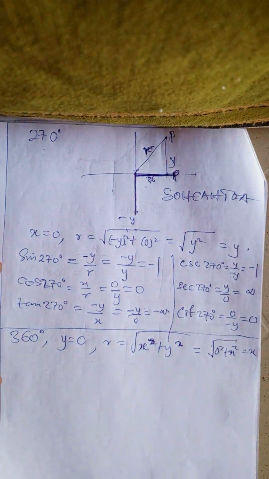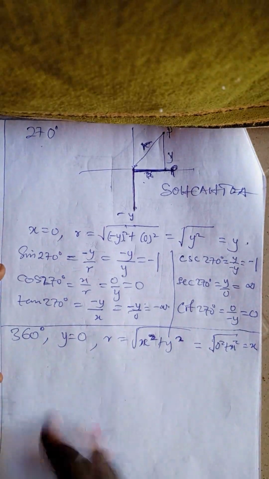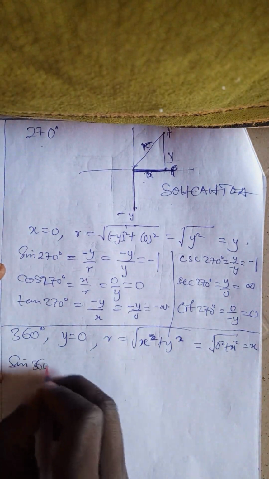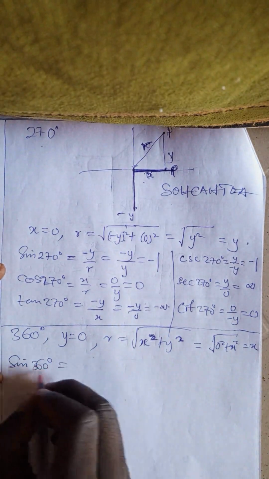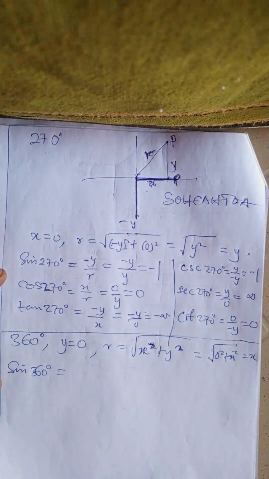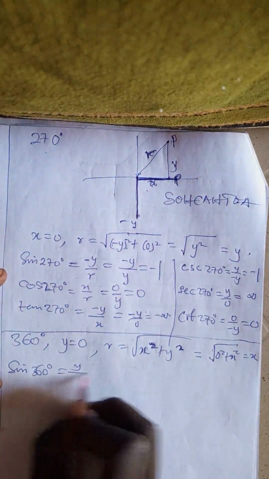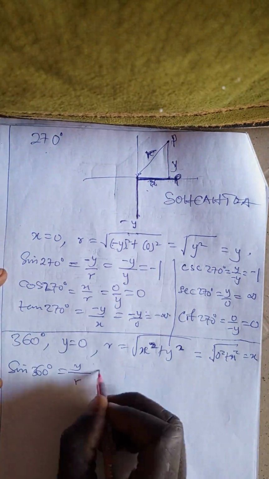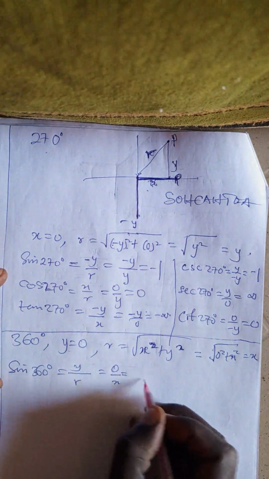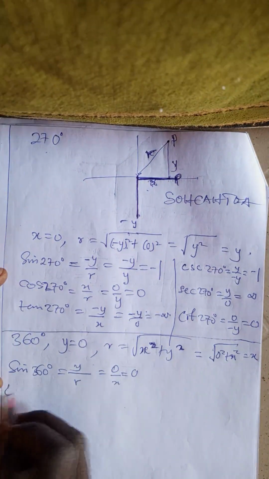So r is equal to x. And so we're going to have sine 360. This is equal to opposite over hypotenuse, and the opposite is y, so we have y over hypotenuse r, and that's equal to y, but y is equal to 0, so 0 over x, and the answer is equal to 0.